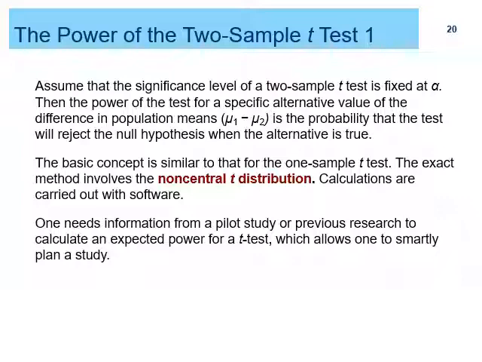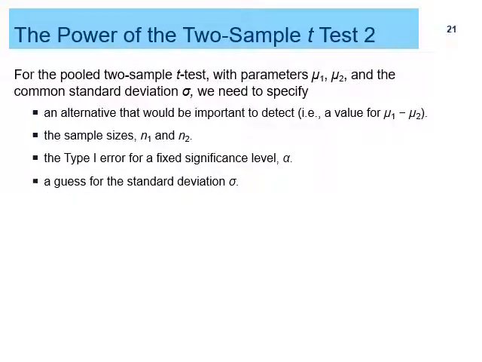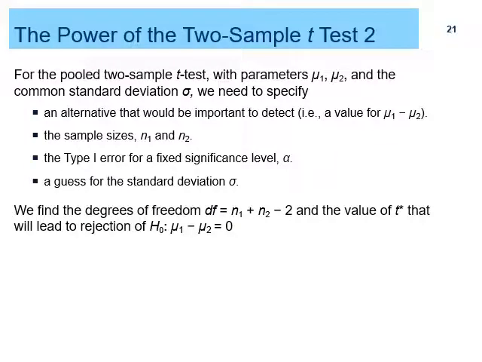One needs information from a pilot study or previous research to calculate an expected power for a t-test. Now for the pooled two sample t-test with parameters mu1 and mu2 and the common standard deviation sigma, we need to specify an alternative that would be important to detect, that is mu1 minus mu2, the sample sizes n1 and n2, the type 1 error for a fixed significance level, and a guess for the standard deviation sigma.